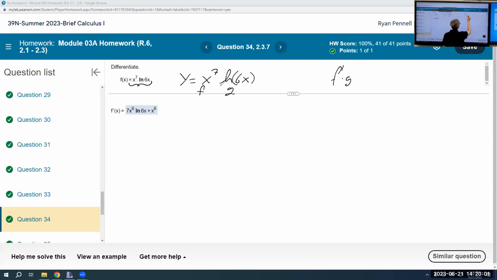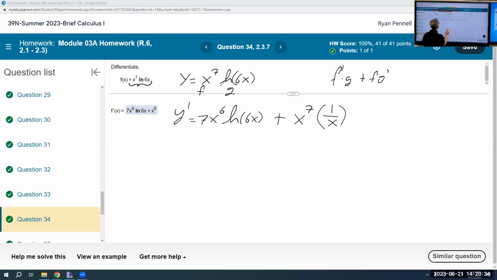That's f prime g plus f g prime. So y prime equals 7x to the 6th ln 6x plus x to the 7th. And then I think we almost proved that the derivative of ln of some constant times x will just be 1 over x itself. So that'd be x to the 6th.